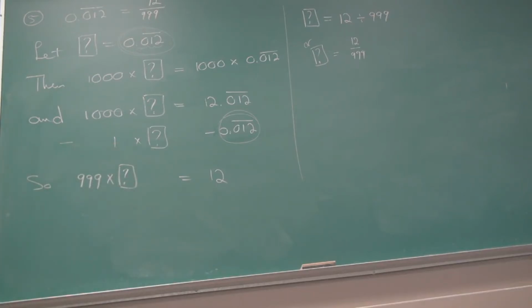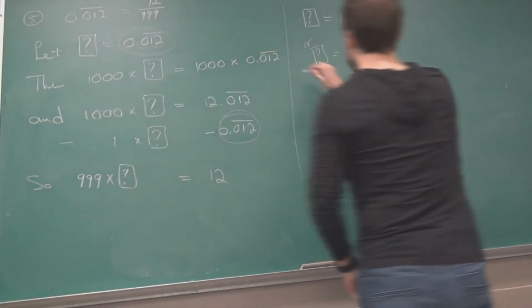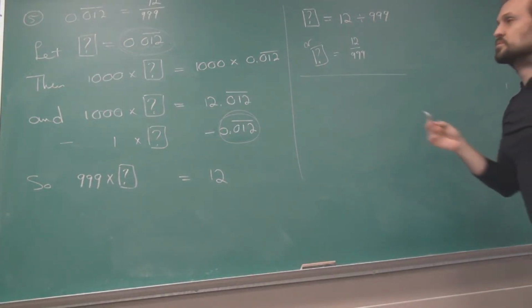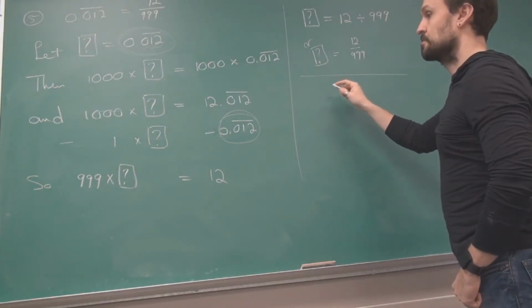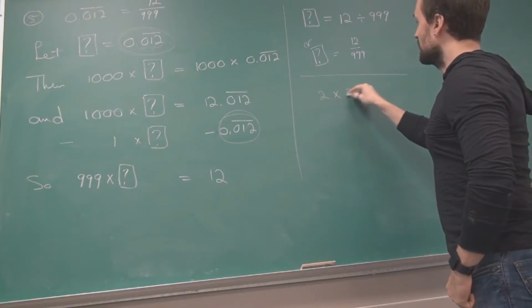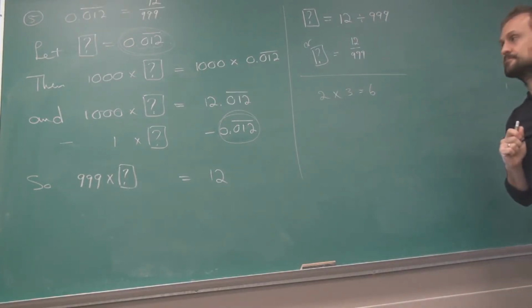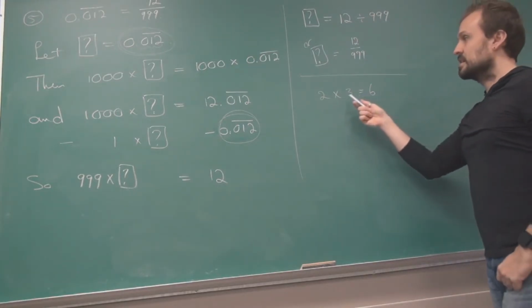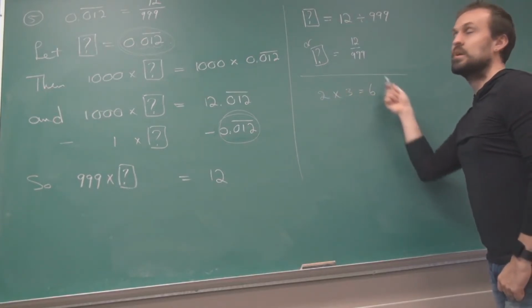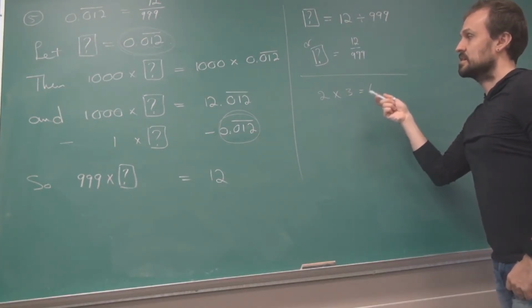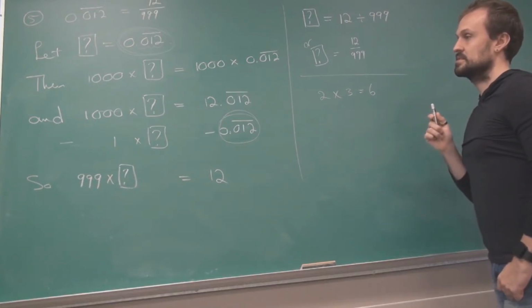Any other questions? Yes. So you have the 999 times the question mark equals 12. Why does it flip to division? So, we said, let's take easier numbers. We had our example, 2 times 3 equals 6, right? And we observed that I can write any multiplication sentence like this into a division sentence.